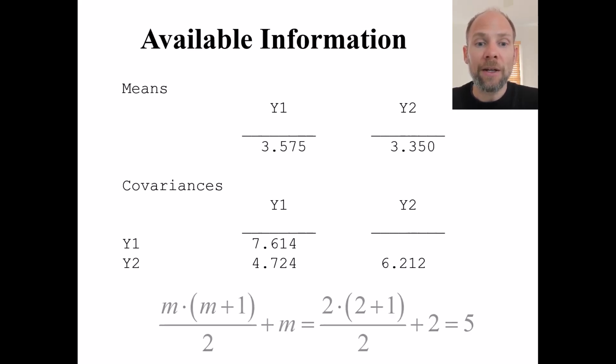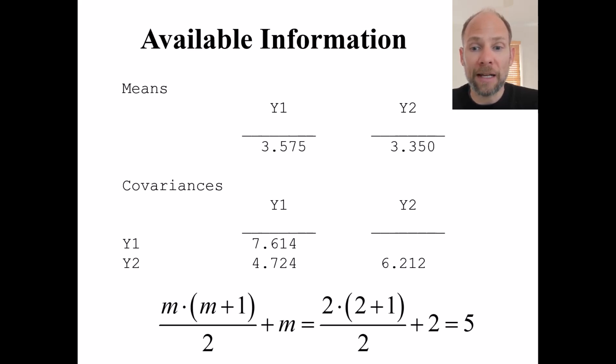In general, you can use this formula to compute the pieces of available information, where M in the formula stands for the total number of observed variables, yi, in this case 2. So here we have 2 times (2 plus 1) divided by 2, plus 2, equals 5 pieces of information.